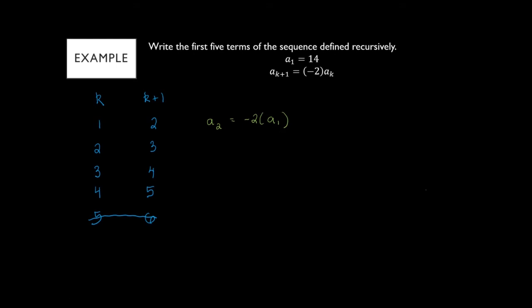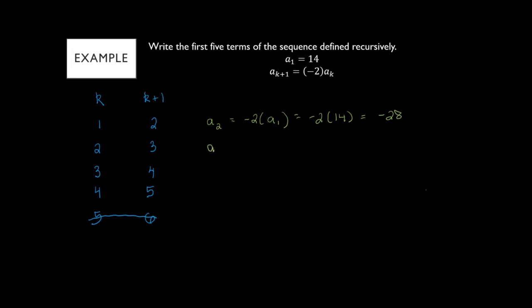So you can see that the pattern is you're taking the previous term and then you're multiplying it by -2. So we know that a1 is 14. So I'm just multiplying 14 by -2, which gives me -28, and then that's a2.